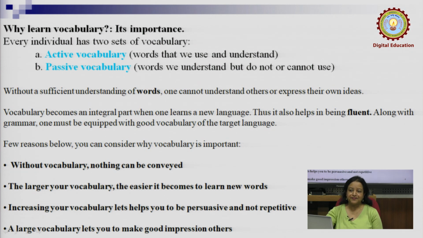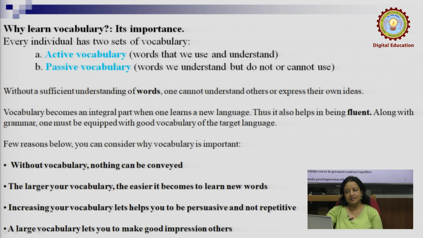Number 1. Without vocabulary, nothing is conveyed. When we break down both written and spoken language, we are left with 2 basic things, vocabulary and grammar. Vocabulary represents the meaning-bearing units of language, and grammar provides the rules and structures for assembling these units.